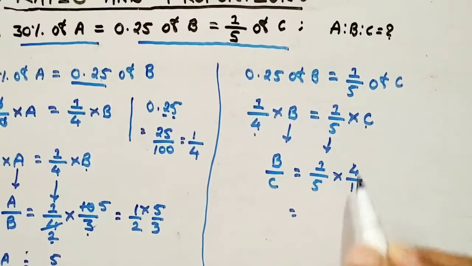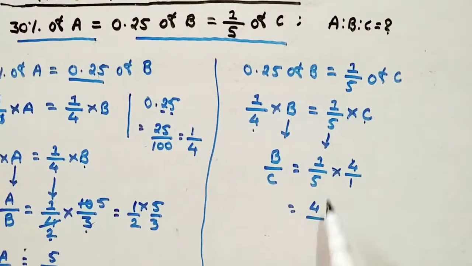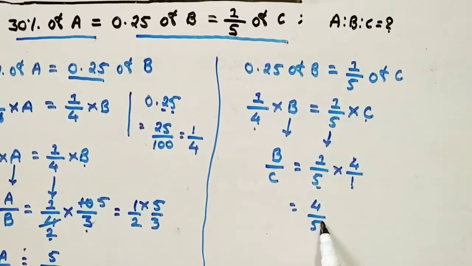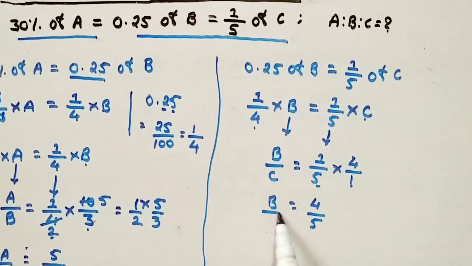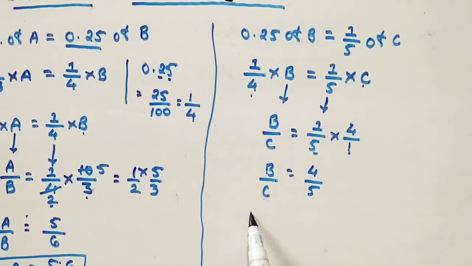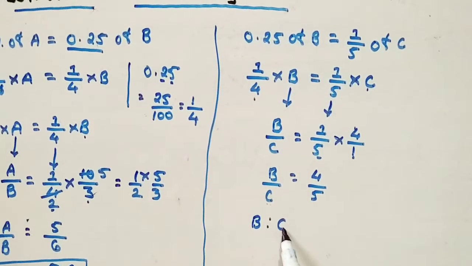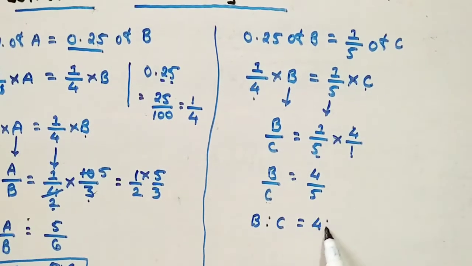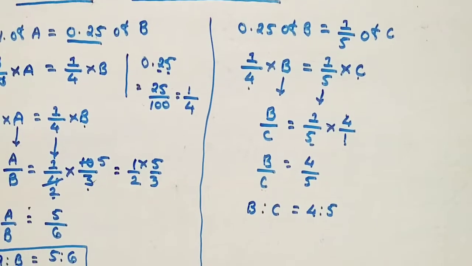So 1 into 4 is 4, and 5 into 1 is 5. So B divided by C is equal to 4 by 5. That means B is to C is equal to 4 is to 5. Clear?